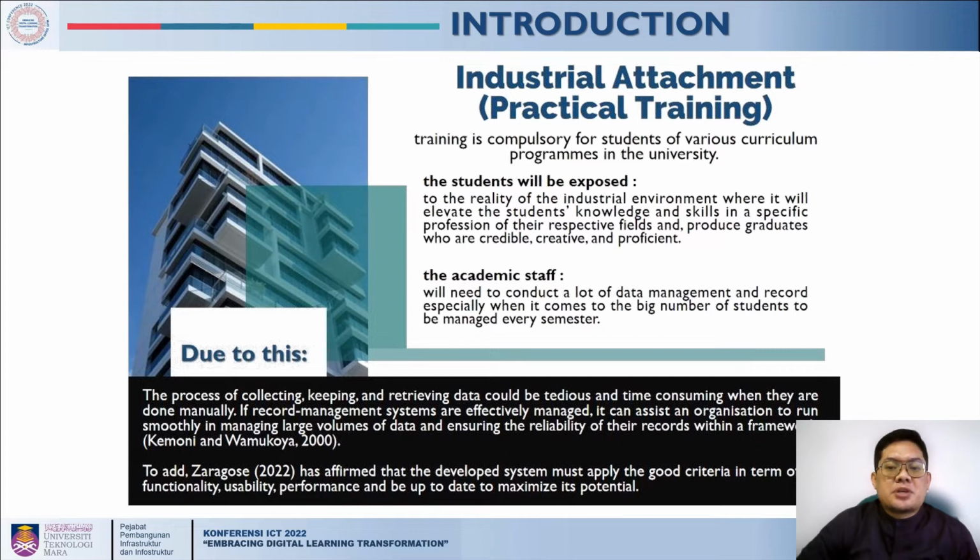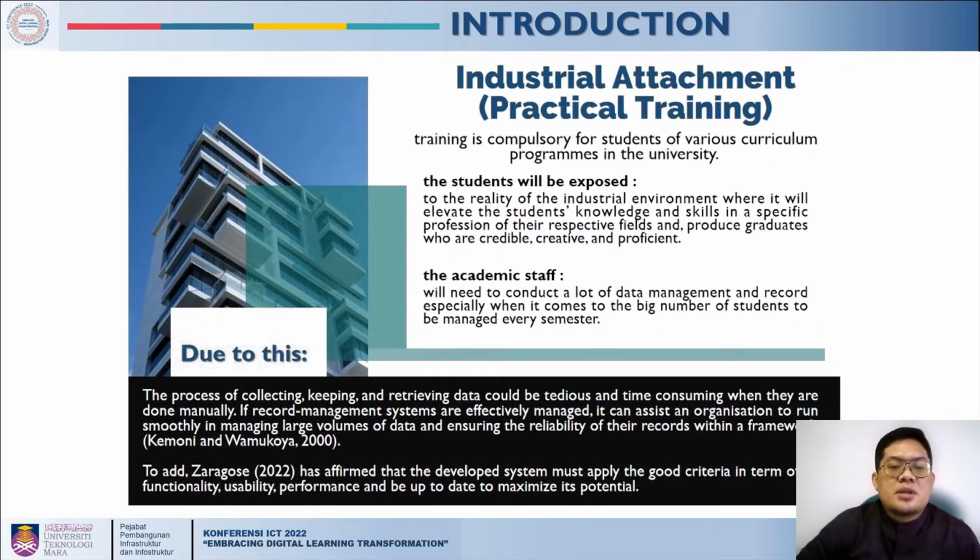Sometimes it is difficult to identify which students are doing their practical training at which particular place. Because of that, we try to improve how the academic staff manage students who are taking practical training.